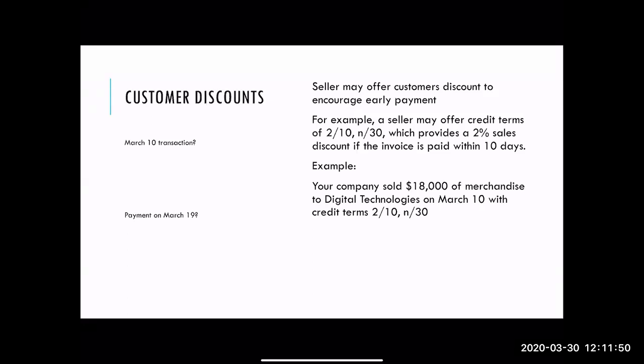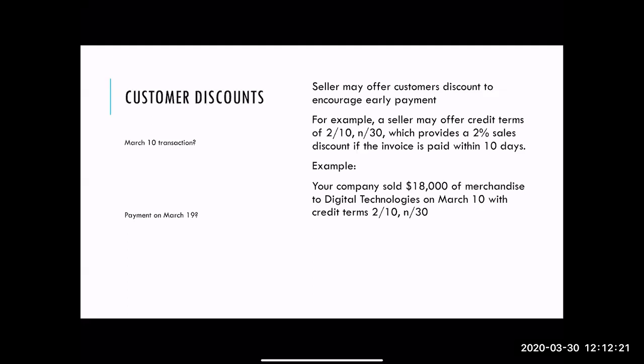So now you're on the sell side, selling to your customers. The seller may offer a customer discount to encourage early payment, very similar to what the wholesaler provided for you. You want to provide a discount because you want to start the process all over again, so maybe refer back to the earlier slides when we talked about the operating cycle of a merchandising business.